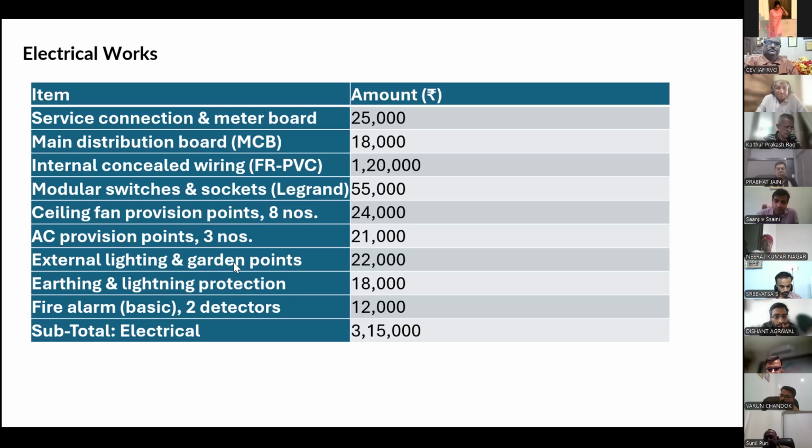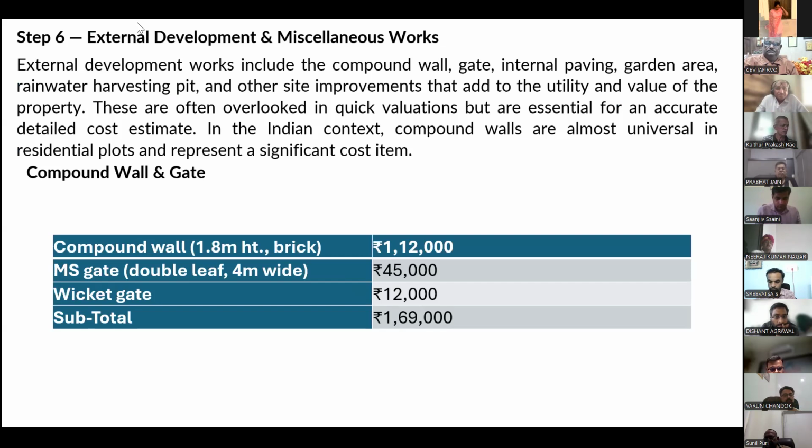Modular switches and sockets, AC provision points, external lighting and garden points, earthing and lighting protection, fire alarm, smoke detectors, etc. There may be n number of things which I have not mentioned here. When you go to the site, do note them down, and you can very easily calculate their estimated amount. So this is a total amount of electricals, approximately 3,15,000.